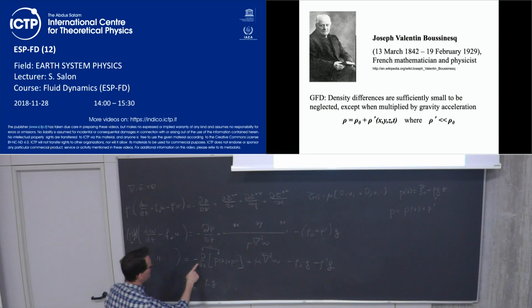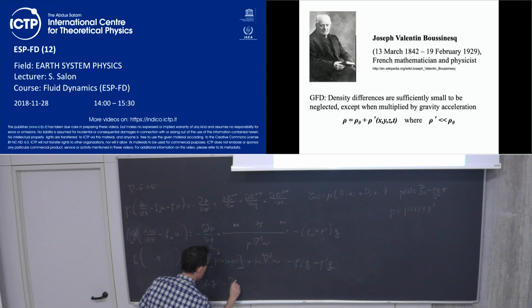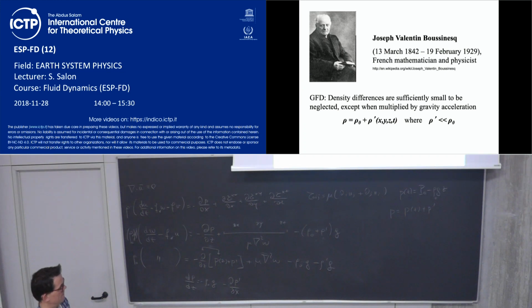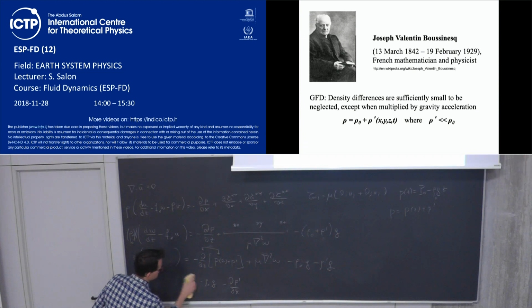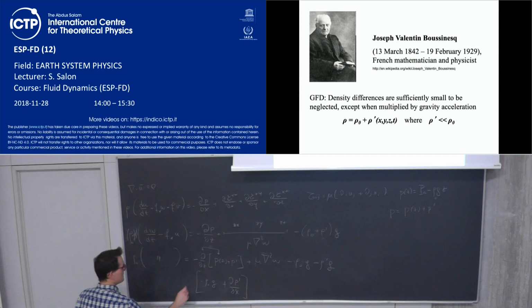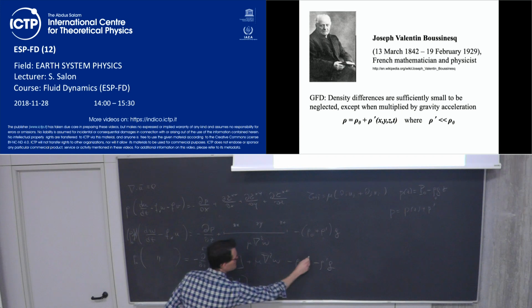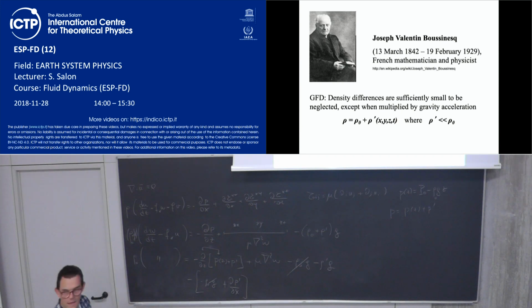Then we apply this one to the P prime. So this term here has become this one. Now, since we have a minus here, we have minus plus, and this is neglected.